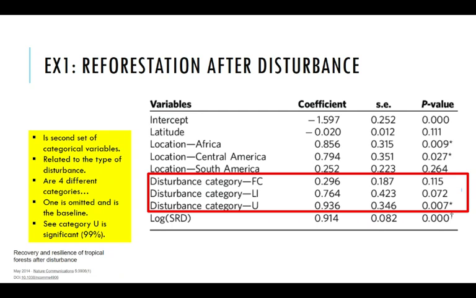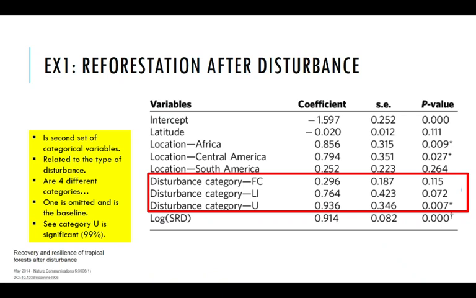that category U is significant, right? We have a p-value of 0.007, which means there's just about no chance that this is a coincidence, that we have this kind of information just coincidentally, by chance. It's suggesting that we have a lot of evidence that that coefficient 0.936 is not equal to 0.